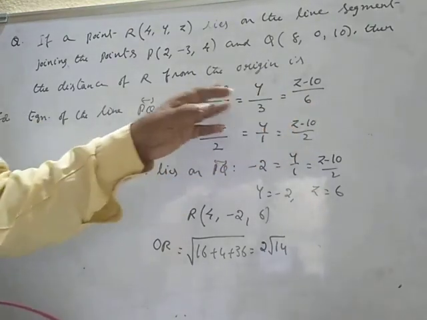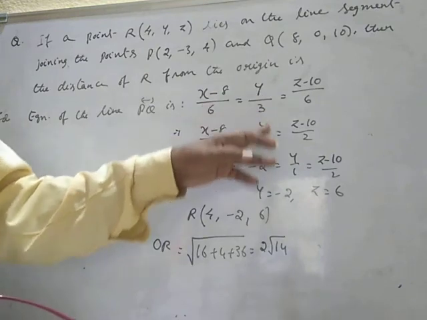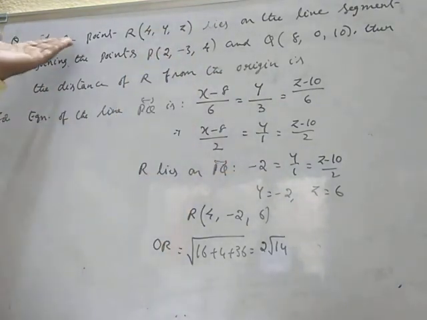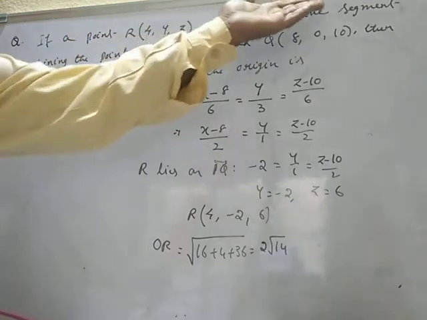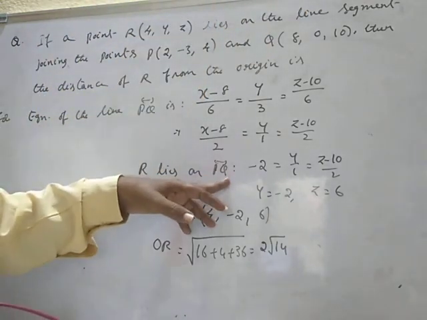After cancelling by 3, we get (x minus 8) by 2 is equal to y by 1 is equal to (z minus 10) by 2. Point R lies on the line segment joining the points P and Q, so R lies on PQ.